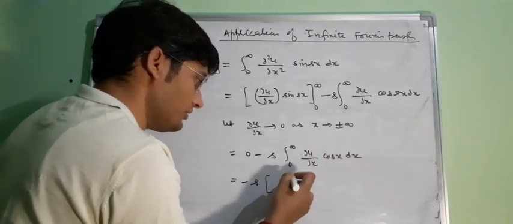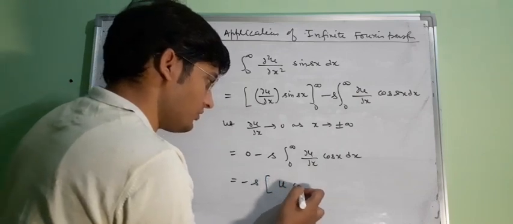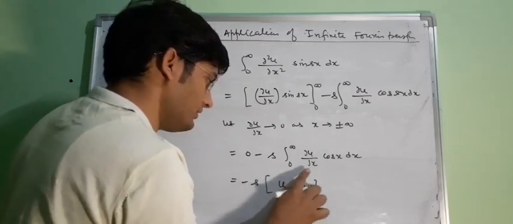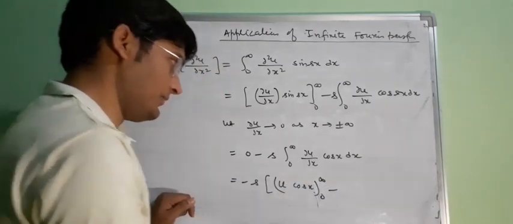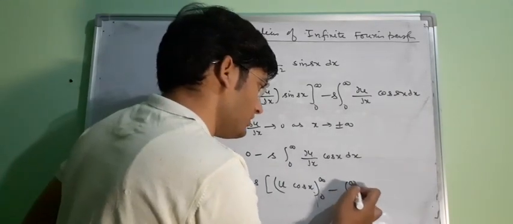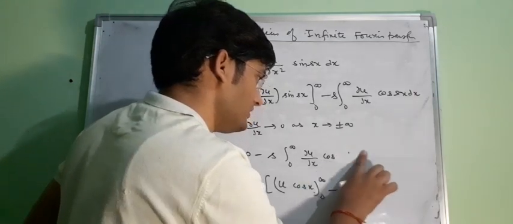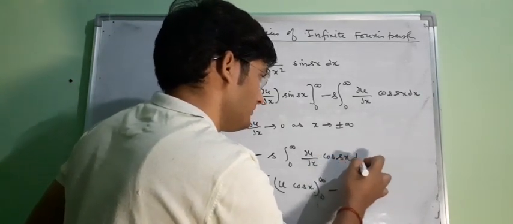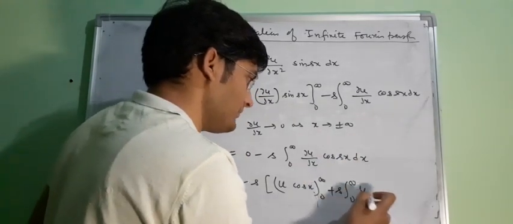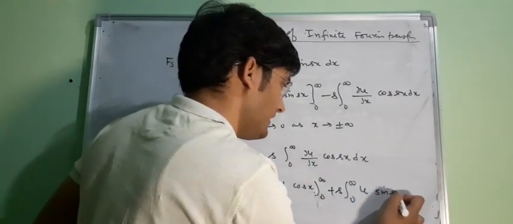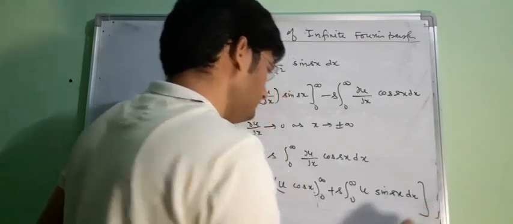So again let us integrate ∂u/∂x. The integration of ∂u/∂x will be u cos sx, with the limits from 0 to infinity, then minus the integral of u times the differentiation of cos sx, which will be minus s sin sx, and then dx.